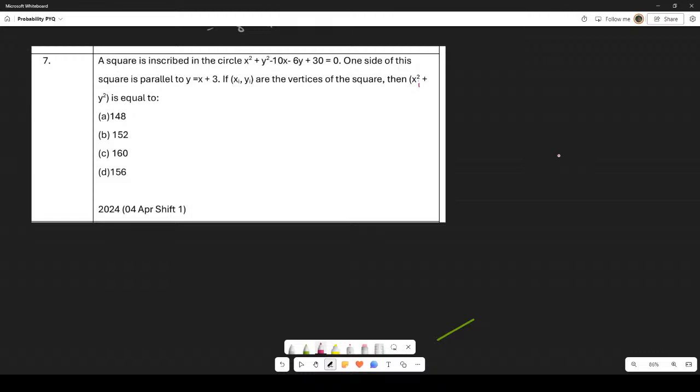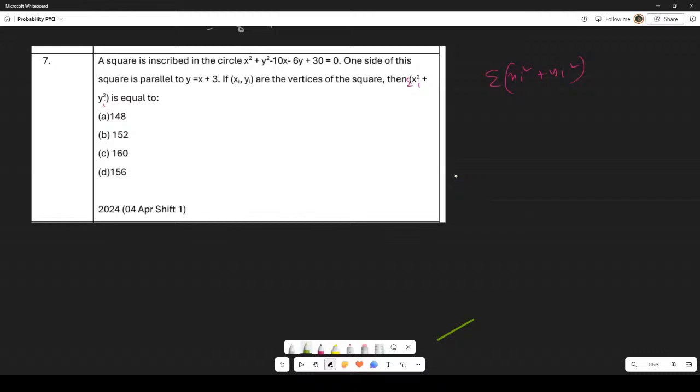This is xi square plus yi square. Sigma xi square plus yi square. You have to find this value.